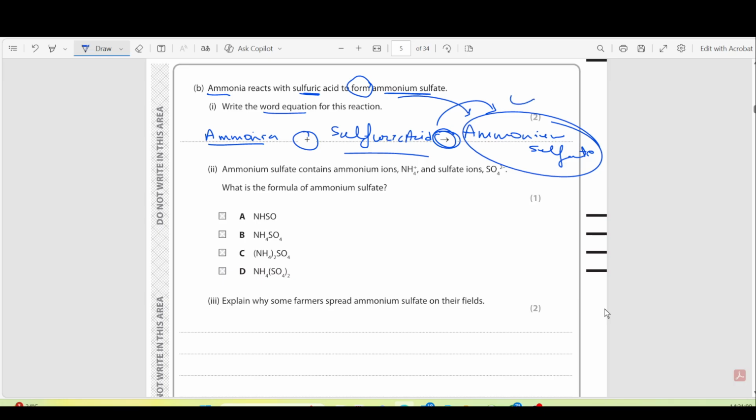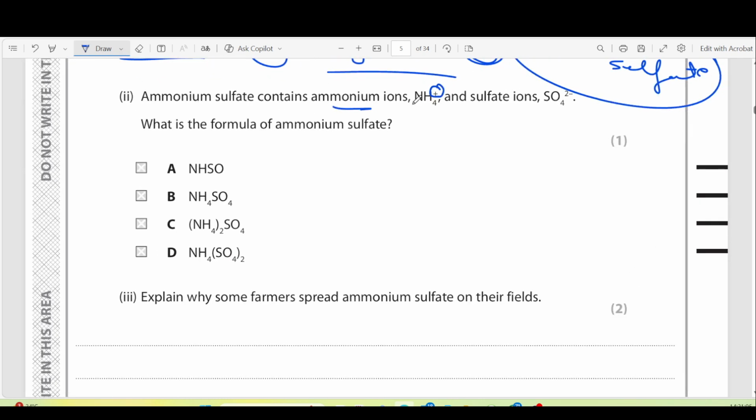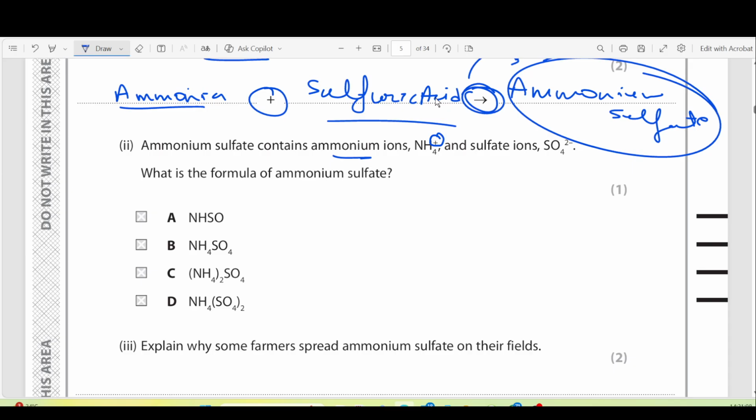Now we have been given ions of ammonium and sulfate. Ions means charges. So for ammonium it is +1, and for sulfate it is -2. We have to write the formula. So how do we write? I will write NH4 and SO4. What is the charge on NH4? It is plus, which means just +1.